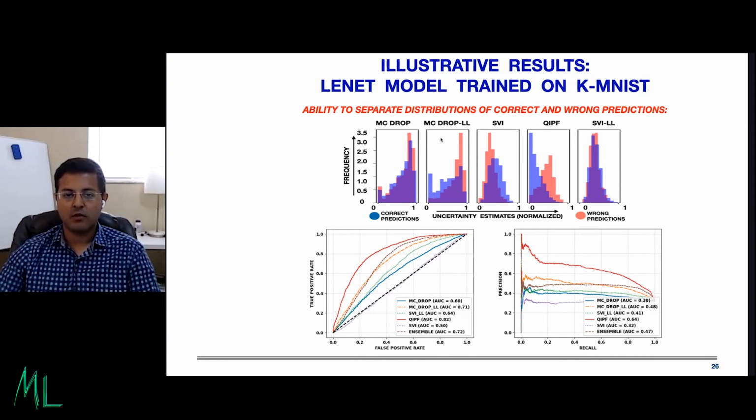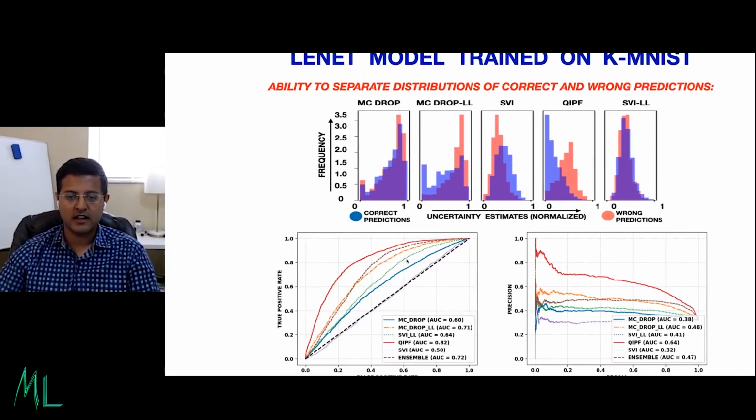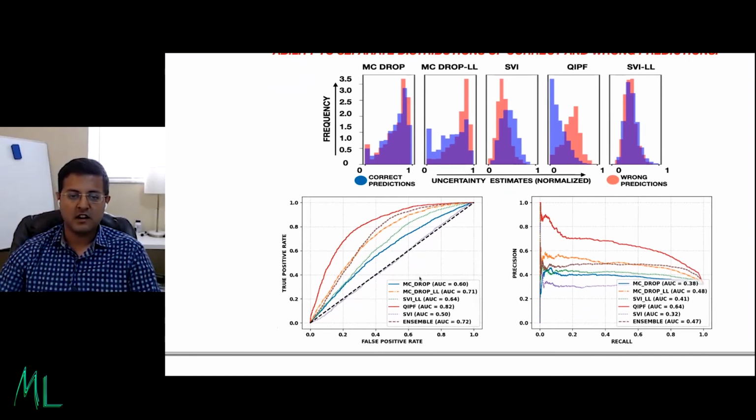And compared to many different methods, such as Monte Carlo dropout and stochastic variational inference, the QIPF is able to separate out the wrong predictions much more efficiently from the correct predictions. And this is also reflected in the ROC curves of wrong model prediction detection of the different methods. You can see that QIPF achieves the highest ROC AUC and the precision recall characteristics compared to all of the other methods.